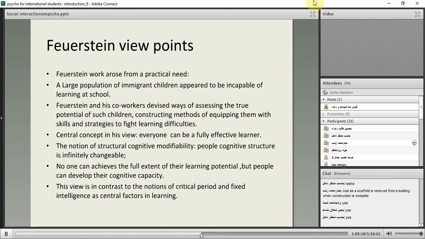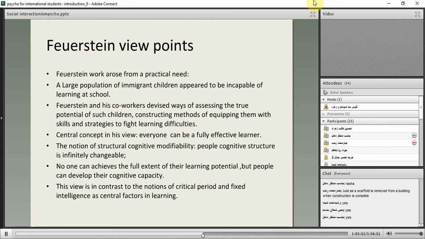And even children with such kind of emotional trauma can learn things well, even if we have very bad life experiences. This does not mean that we cannot learn. The child is capable under any circumstance. So he proposed the notion of structural cognitive modifiability.